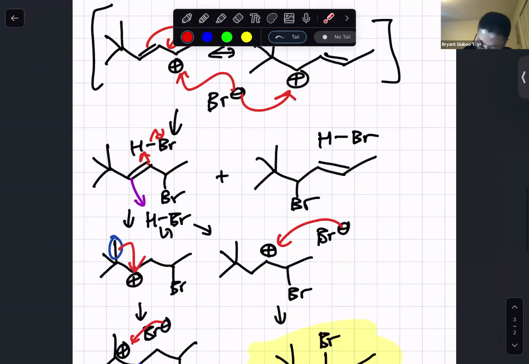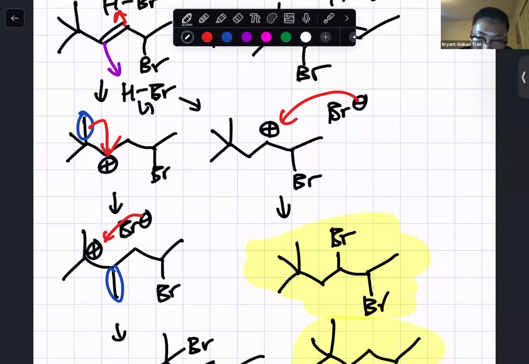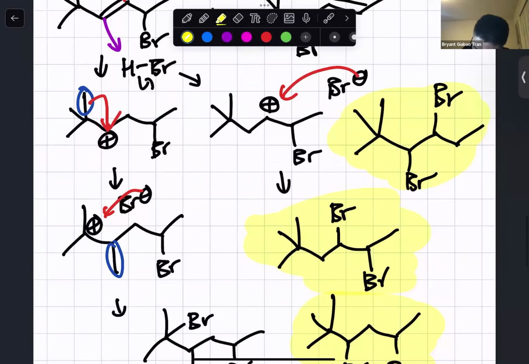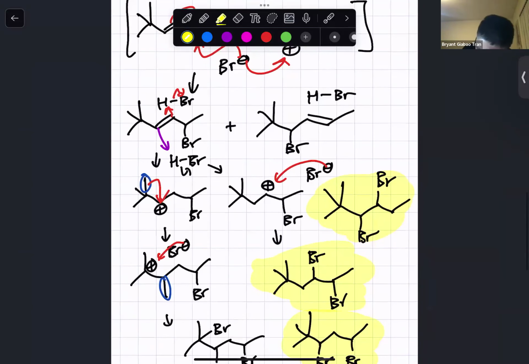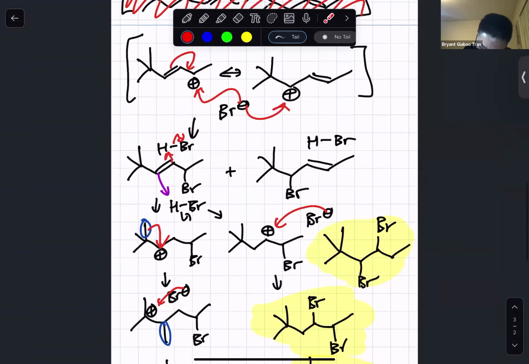The other product that she said was missing in the key was 3,4-dibromo-2,2-dimethylhexane. This is the other product here that was missing in the key. And this product came from this one here.